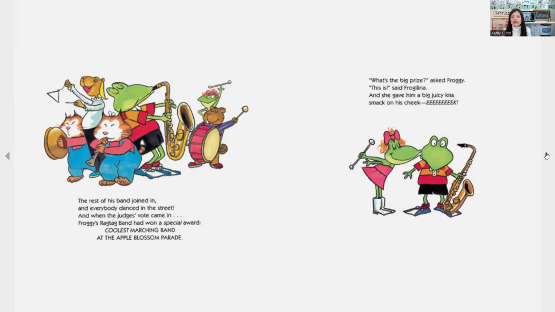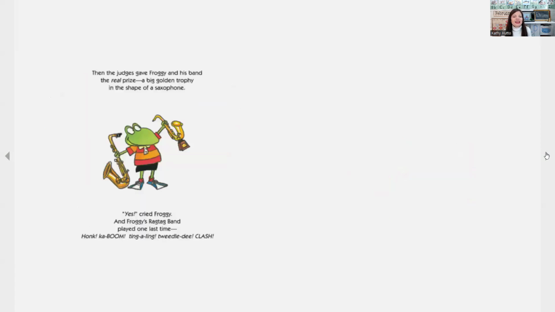"What's the big prize?" asked Froggy. "This is," said Frogalina. "Mwah!" And she gave him a big kiss on his cheek. "Eek," said Froggy. Then the judges gave Froggy and his band the real prize, a big golden trophy in the shape of a saxophone. "Yes," cried Froggy.